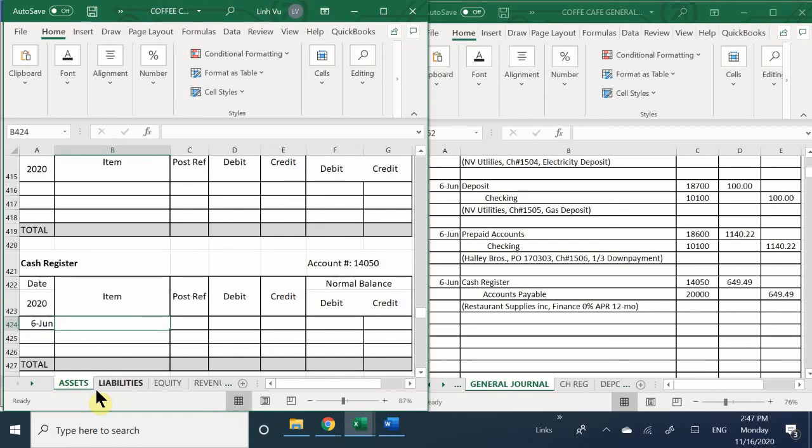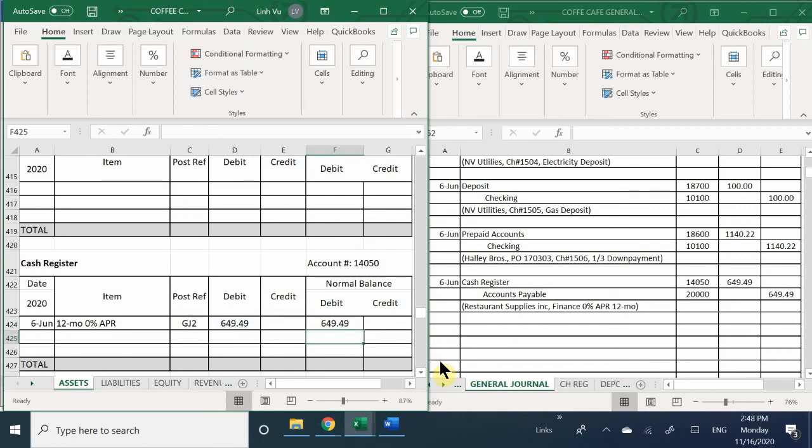A note you could place here is the 12-month 0% APR. You don't need to write that you bought a cash register because it's straightforward. You're in the cash register account. All right, post reference is number 2. And I'm going to debit my account for $649.49. So I gained an asset for $649.49.